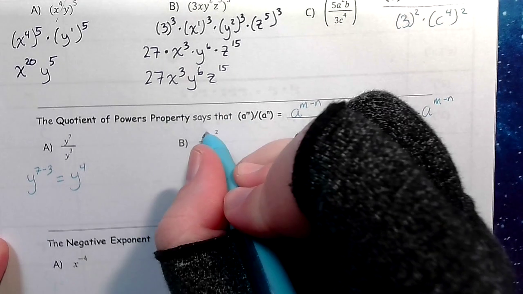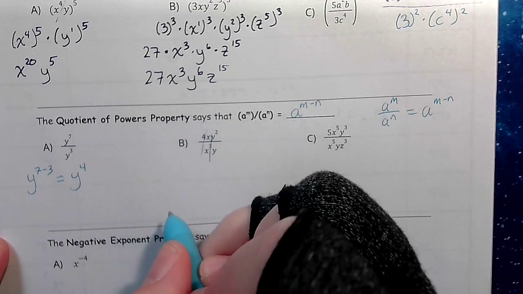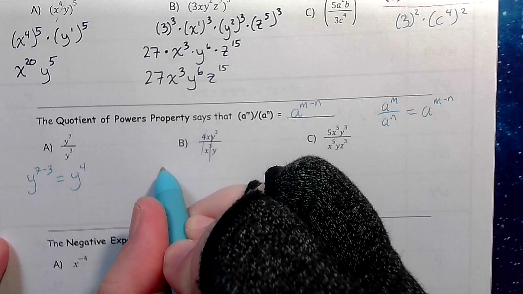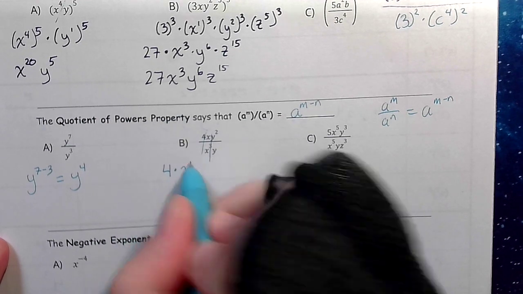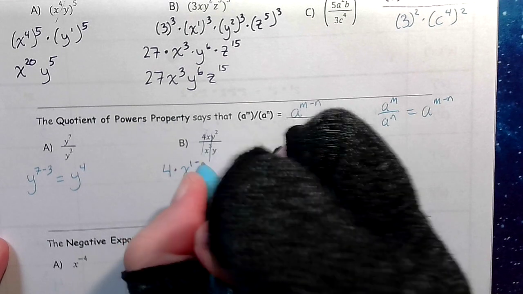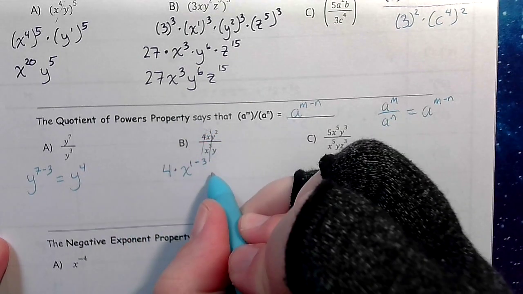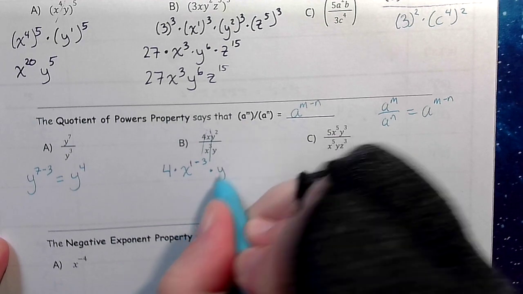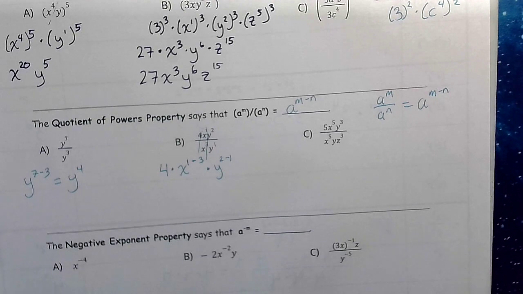Here, again, we can split things up into the different pieces. So we have 4 times x to the first minus 3, since that's x to the first, and then we're subtracting 3 from it, times y to the second minus 1. You don't have to write it out this way.